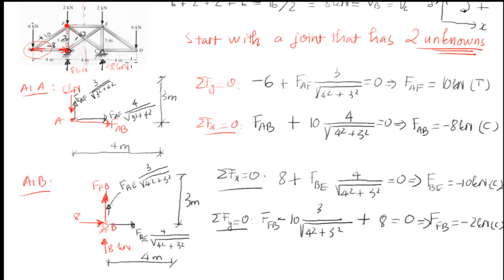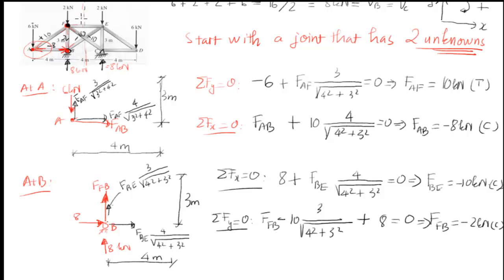Similarly, you're going to solve for the rest, which is at joint F here. I will not go through full details. What I have here is +10, -8, -2, -10, and the same -10 here for FC.